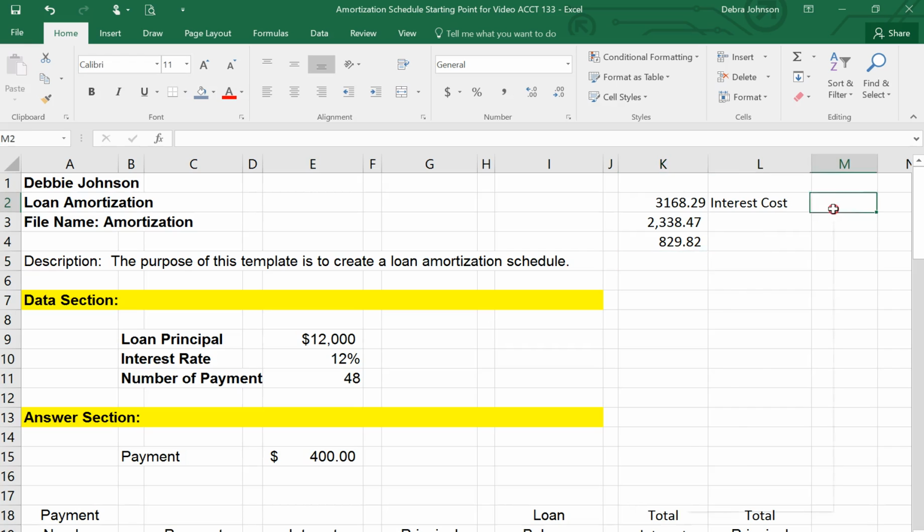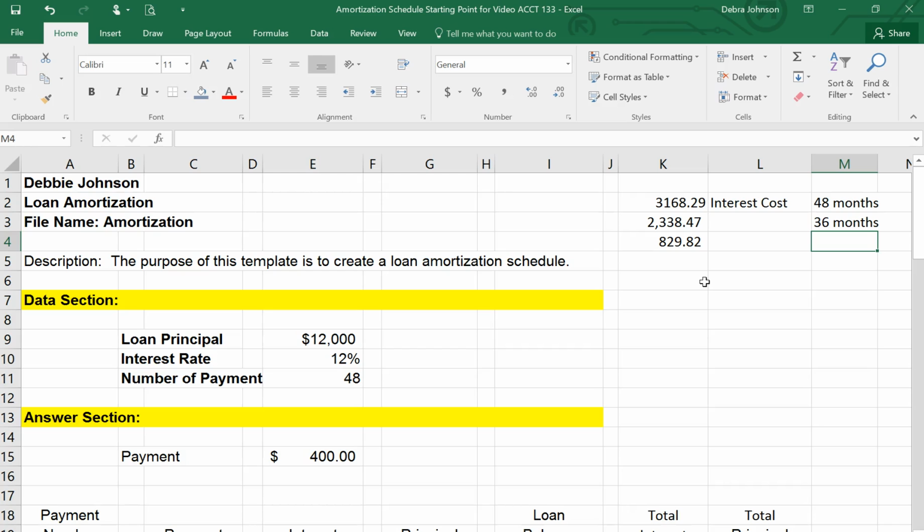That was over 48 months. And when we changed our payment amount to $400, we found out that we could pay the loan off 1 year sooner in 36 months, which would result in interest savings of $829.82.